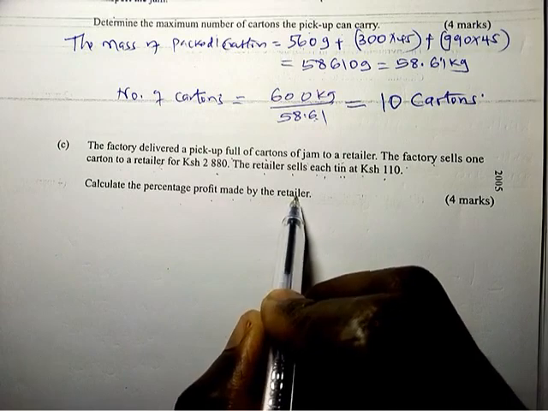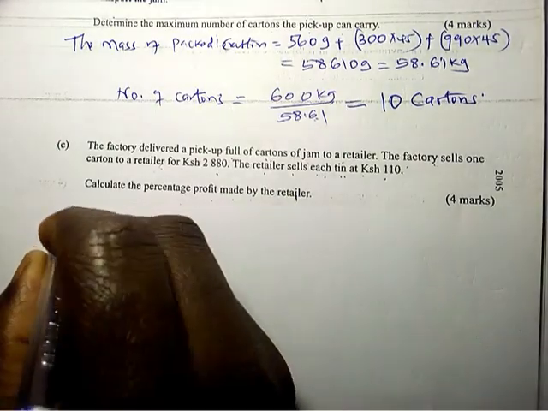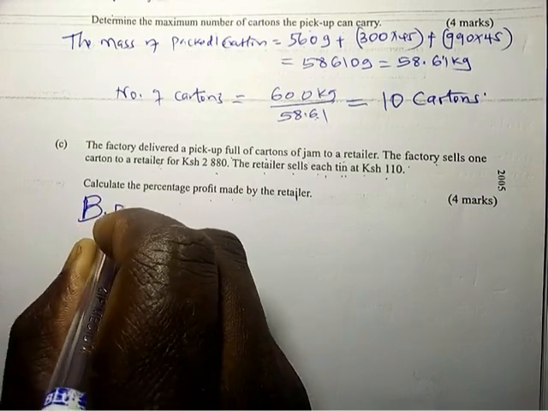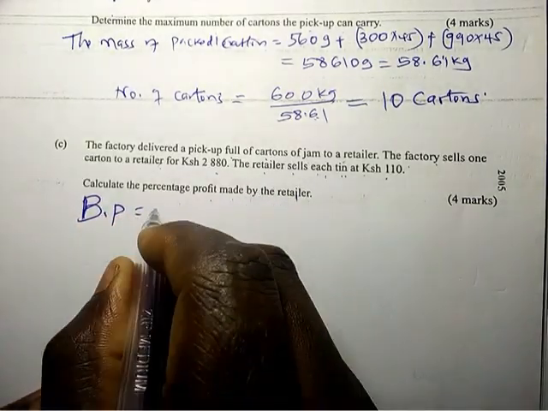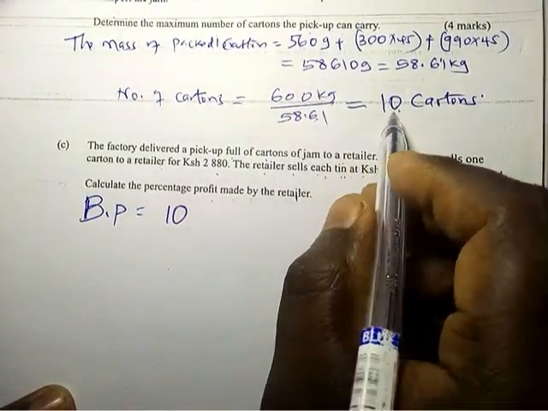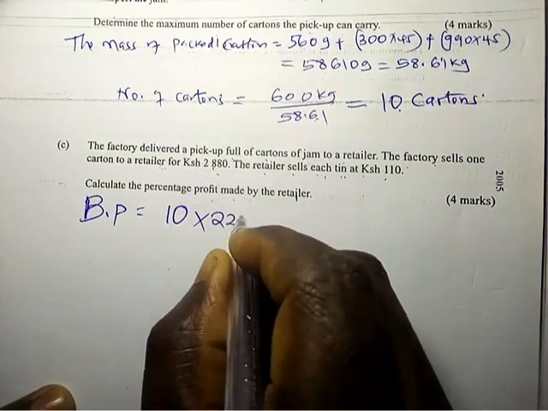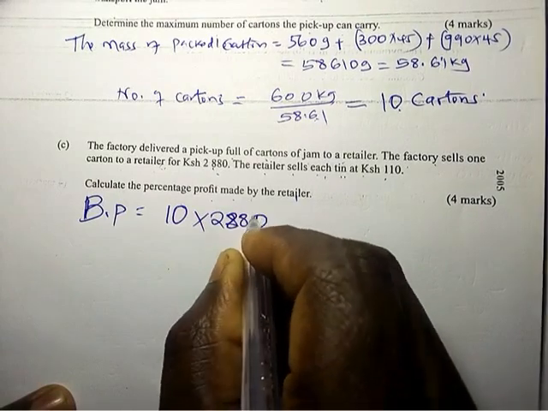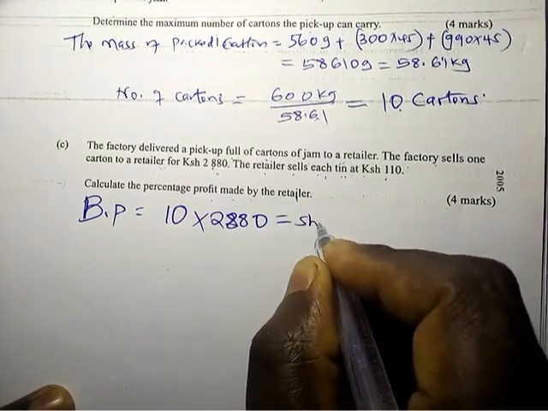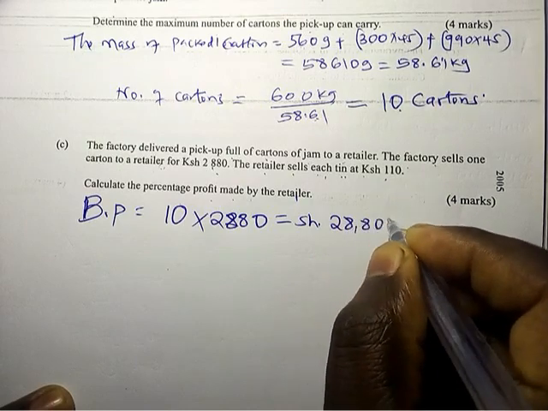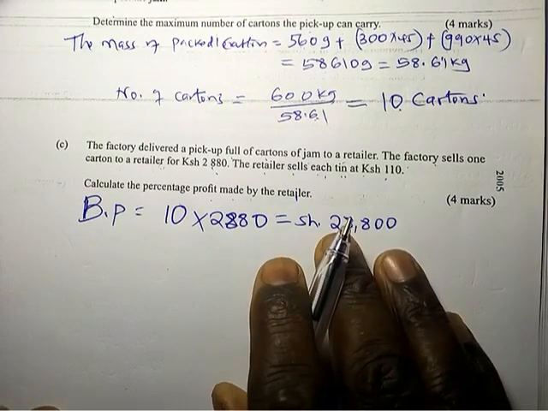So let us see the buying price by the retailer. There were 10 cartons, each carton is 2880, so times 2880 gives 28,800 Kenya shillings. That is the buying price.